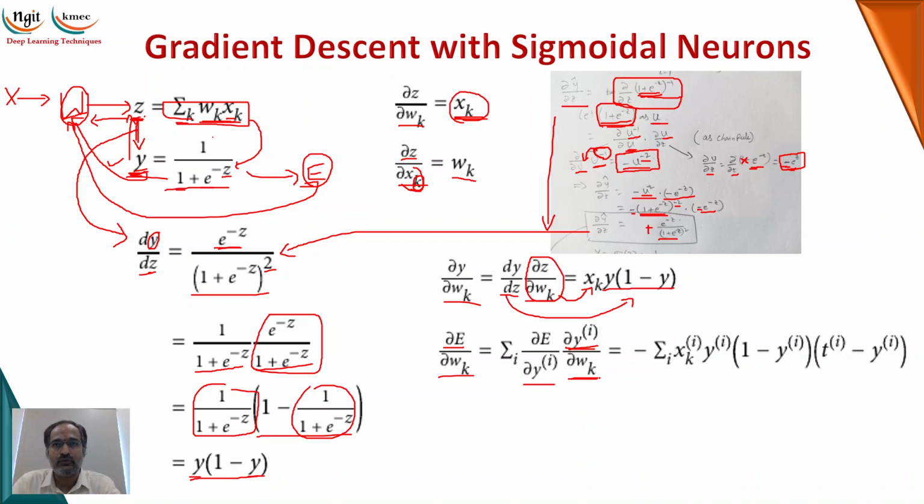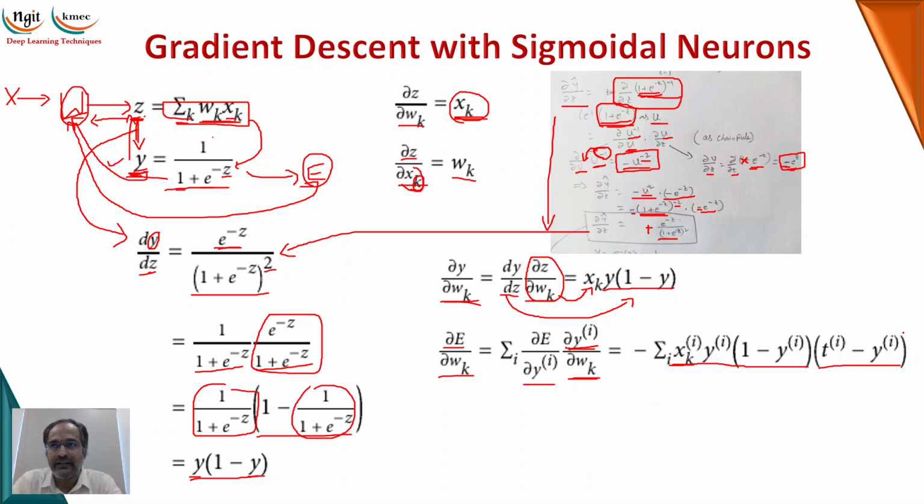Now we can substitute ∂y/∂wk, which we already calculated, xk and y into (1 minus y). ∂E/∂y is minus (t minus y), because there is a square.